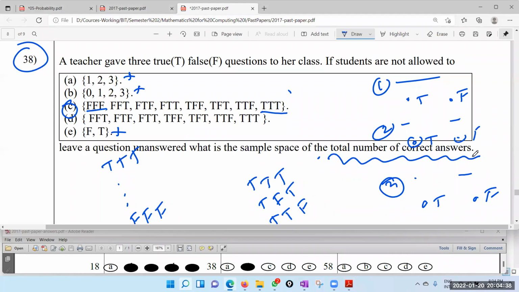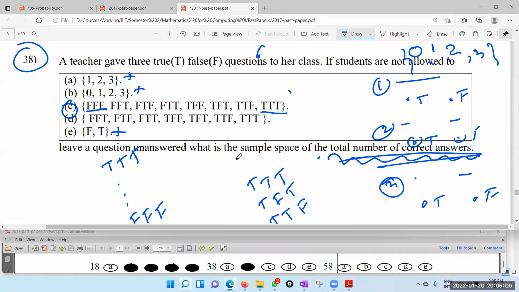So what are the possibilities? There can be 0 correct answers. There can be 1 correct answer. There can be 2 correct answers. And there can be all 3 correct. So therefore, the question is the total number of correct answers.